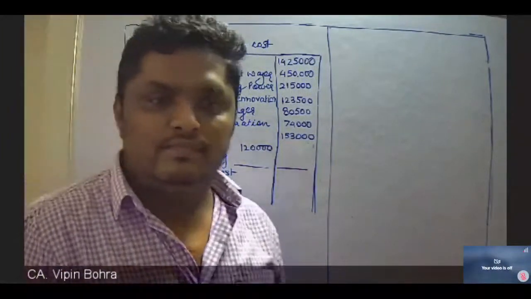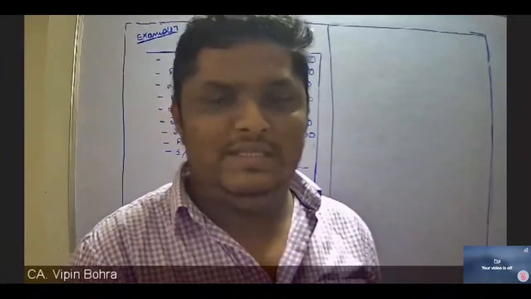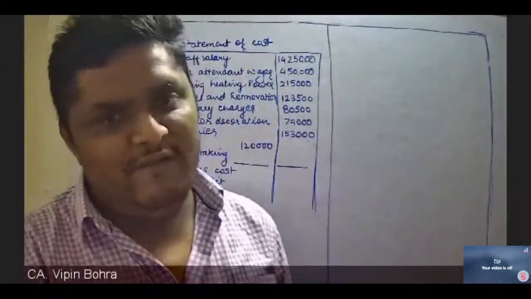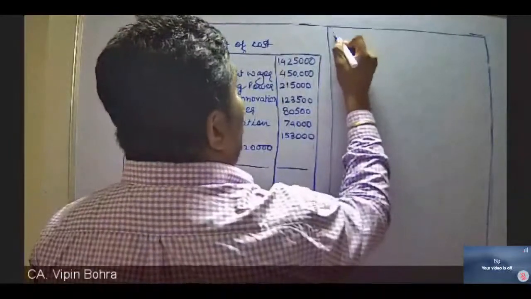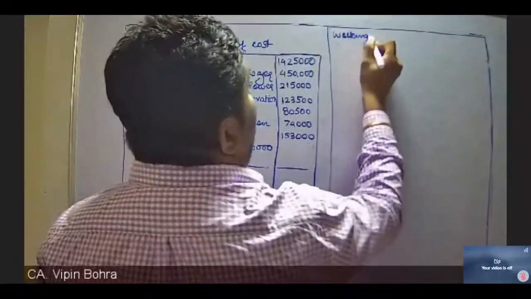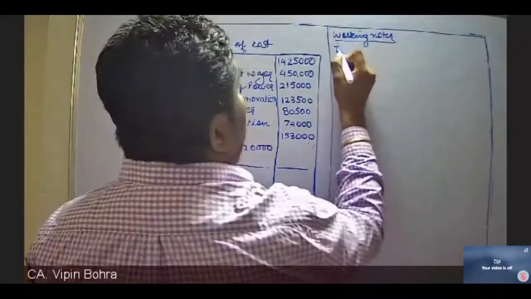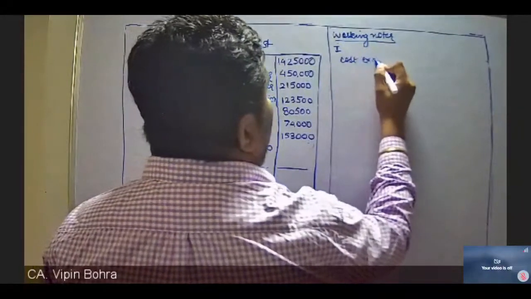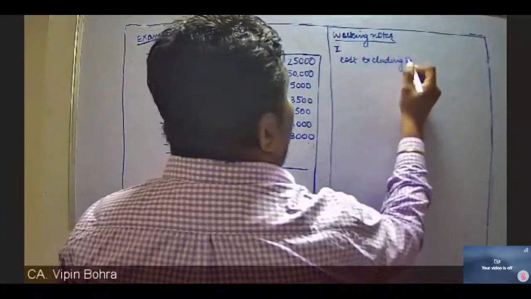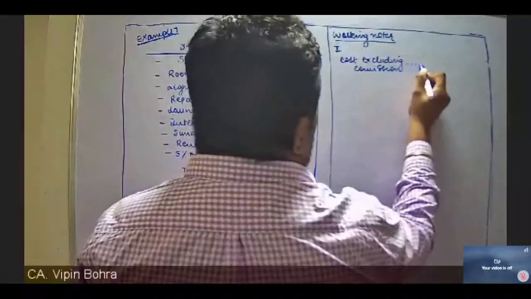Now, provide profit of 20% on total taking, assuming 360 days in a year, and the commission is 5% of the total takings. So cost excluding commission. Working note. Cost including commission.